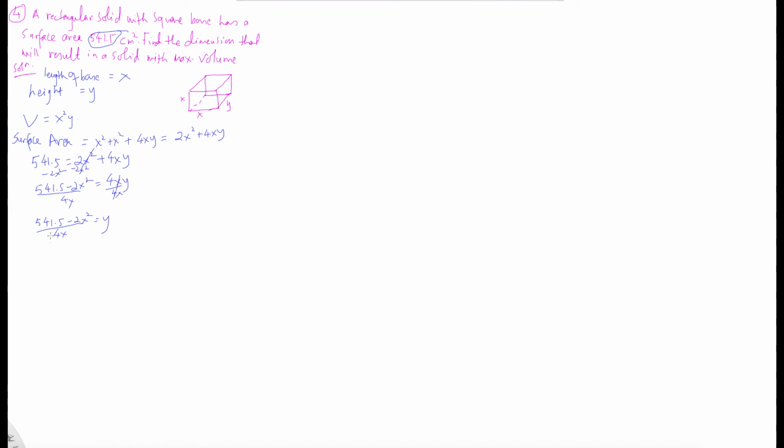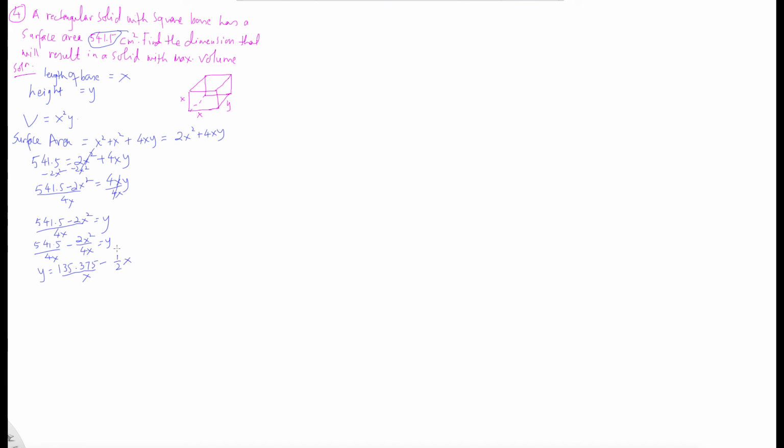It will be easier to simplify if you split the denominator. What you get is y equals 541.5 over 4x minus 2x squared over 4x. If you simplify this, you get y equals 135.375 over x minus 1/2 x.